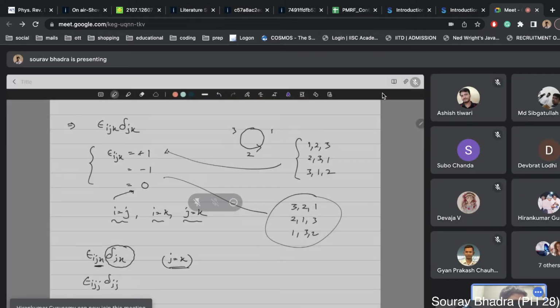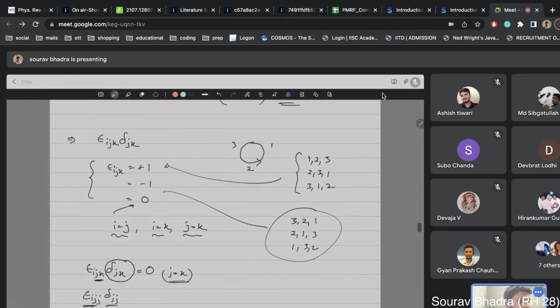If j equals k, the Levi-Civita symbol will be 0, and if j is not equal to k, then the delta function is 0. So whatever the combination is, the value of this particular product will always be 0, because either the delta function will be 0 or the Levi-Civita symbol will be 0.